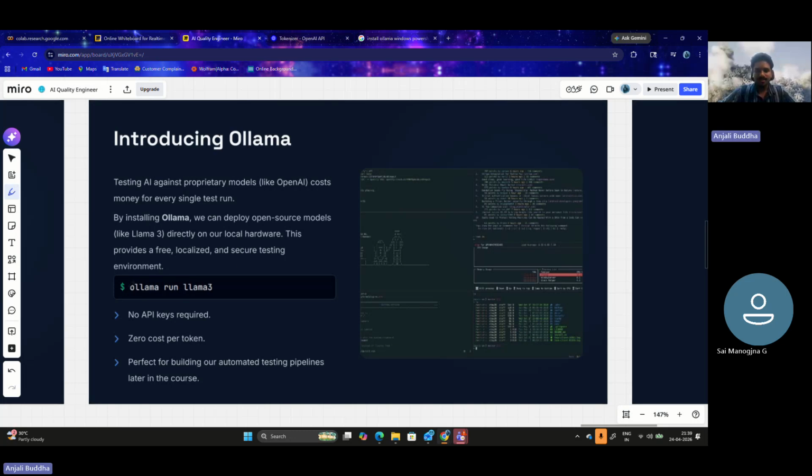So this command, ollama run llama3, when you run it, Llama 3 should be available for you. You can write whatever text you want and it should respond back.